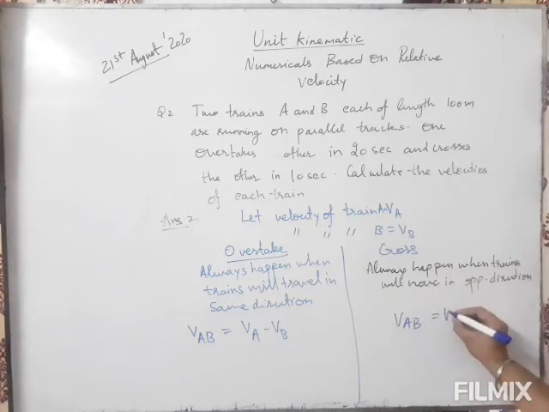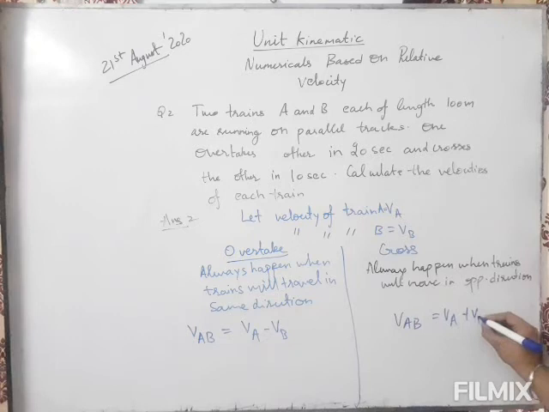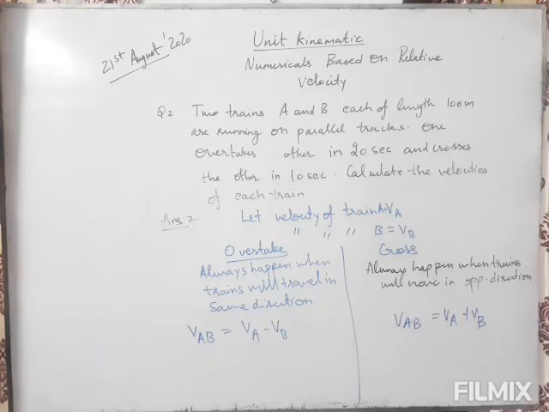In crossing, the relative velocity will be VA plus VB because it is in the opposite direction. So this is the funda you need to remember for the relative velocity in case of overtaking and crossing. It is a quite good question to understand the concept.